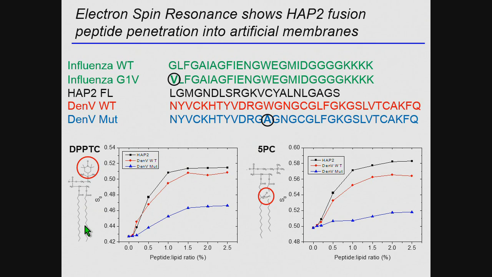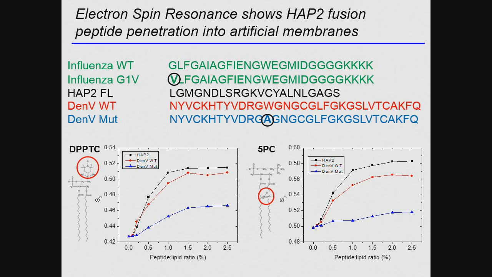And these mutants of the viral peptides are circled here. So this assay relies on making an artificial membrane that has in its composition these spin-labeled lipids, which have nitroxide groups either on the phospholipid head or within the acyl chain, so that the detector can sense the changes in the membrane composition based on where these spin-labeled groups are positioned. And when you have an interaction of a viral fusion peptide with the membrane, they've repeatedly seen that there's a slight dehydration in the membrane due to increased phospholipid packing.